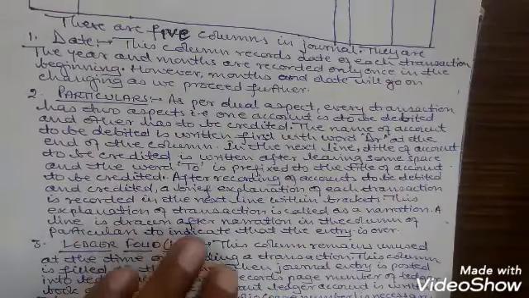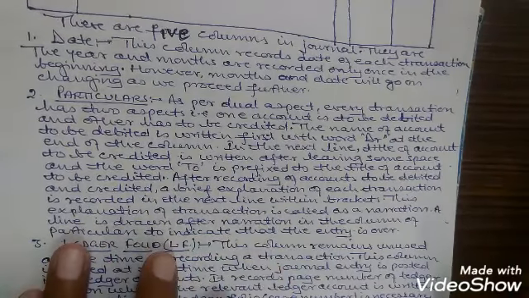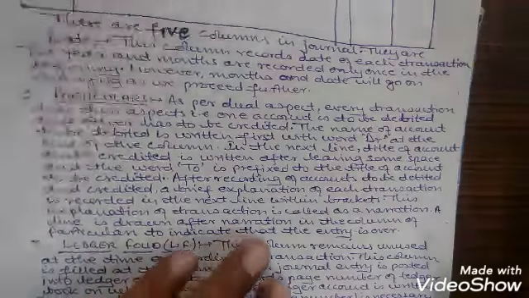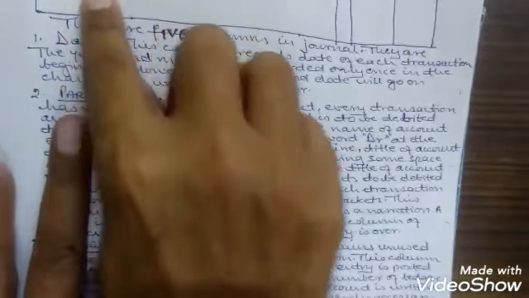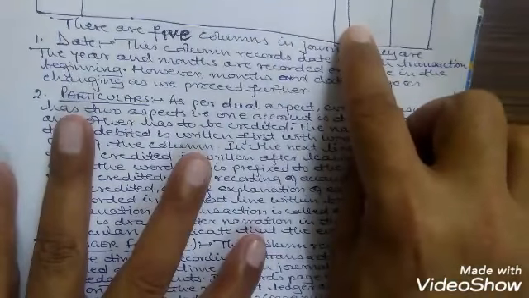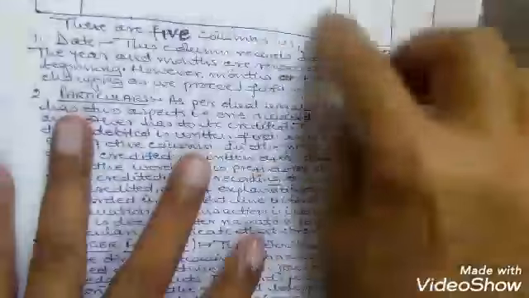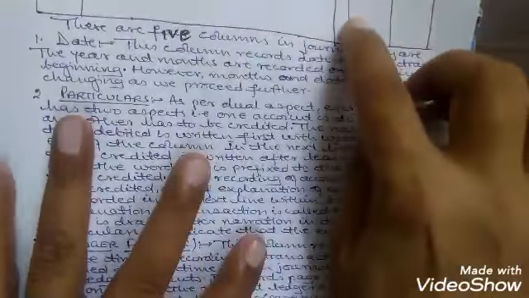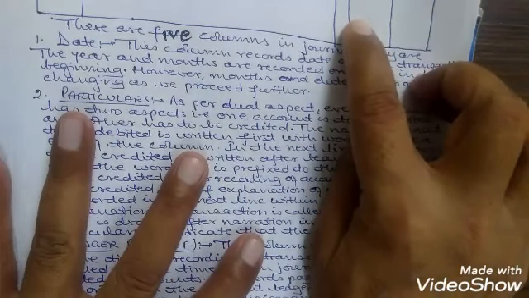A line is drawn after narration in the column of particulars to indicate that the entry is over. Then after the narration is over, you will draw a line from the beginning of the particular column to the end of the LF column. Here it is mentioned only in the particular column, but you have to draw the line till LF column.